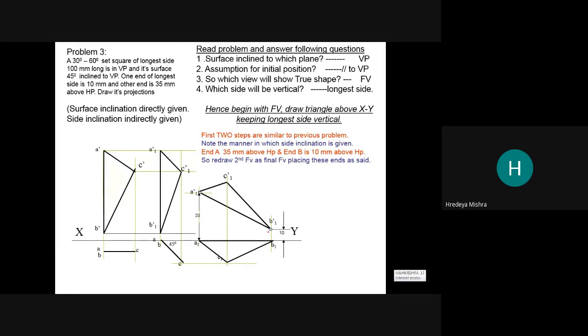As we discussed today, we saw three different types of problems, and there are three or four lectures about this, so we can better understand different plane positions and their inclination from that.